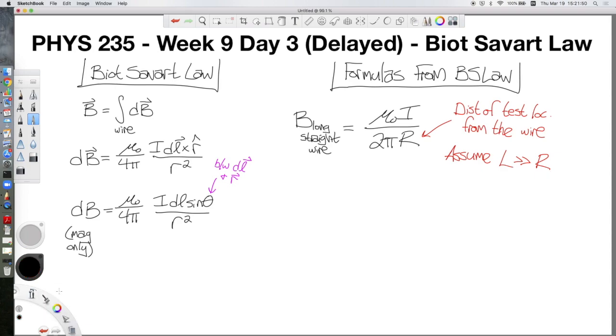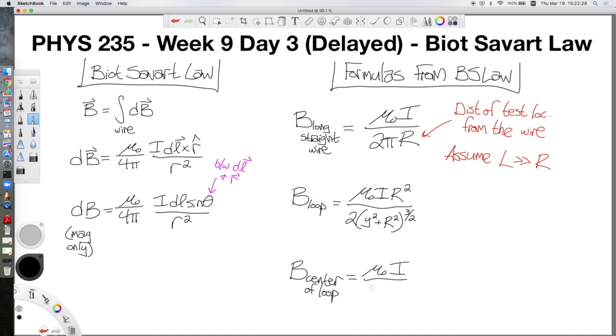We have the magnetic field from a loop of wire as mu naught I r squared over 2 times (y squared plus r squared) to the 3/2 power. And the magnetic field at the center of the loop is mu naught I over 2r.